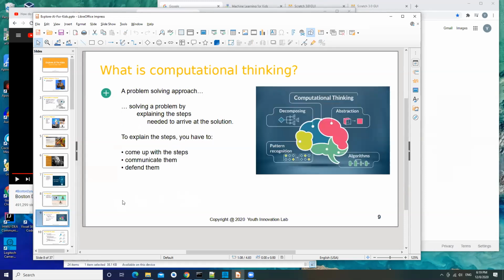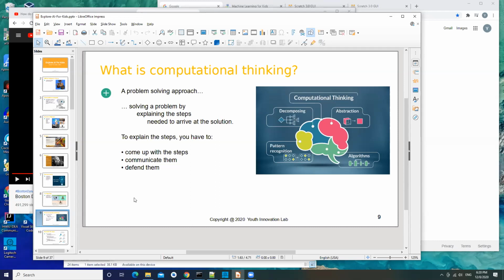Okay, so now we go back to what humans are really good at, but the computer is not good at. If you think about it, the computer doesn't really understand your language. The computer cannot really identify your face. They cannot really identify which category an object belongs to.